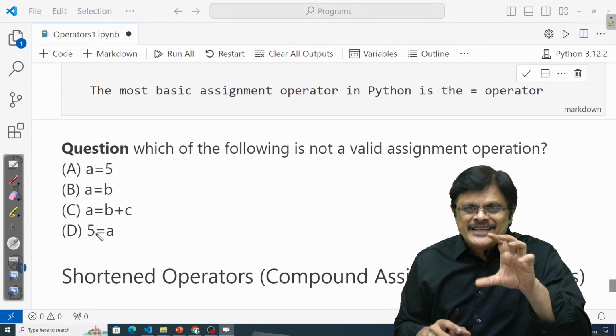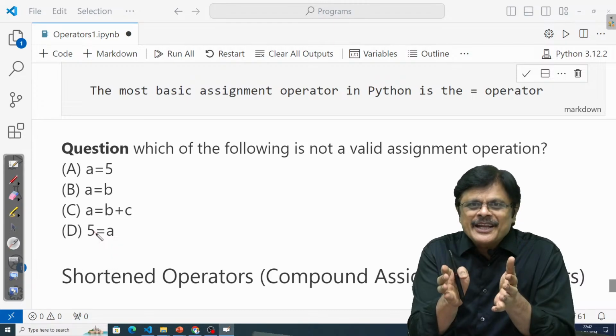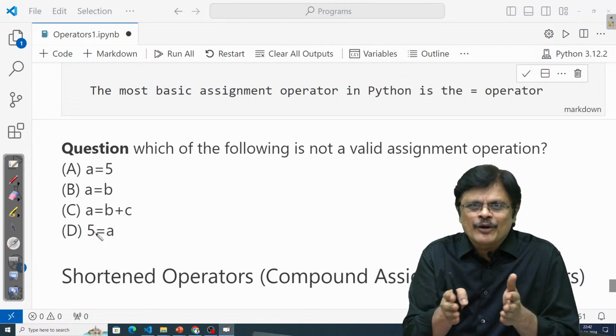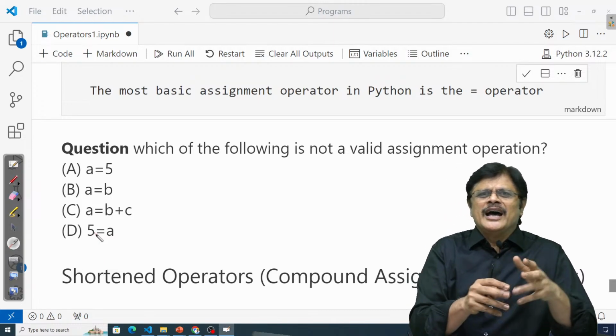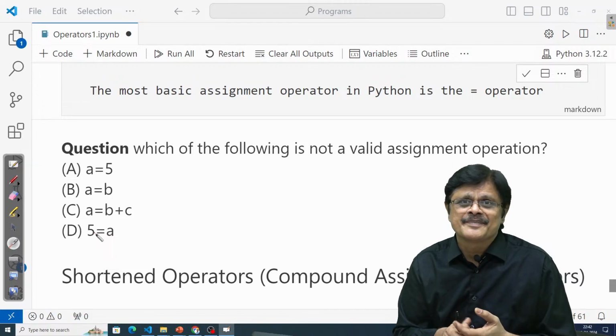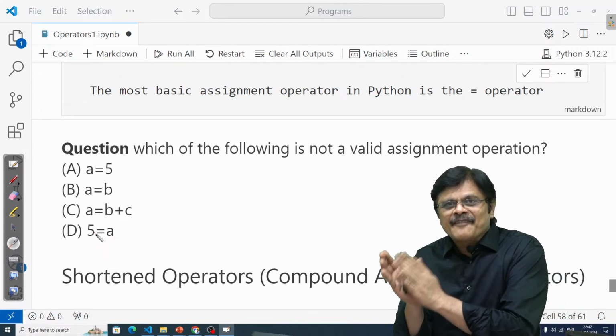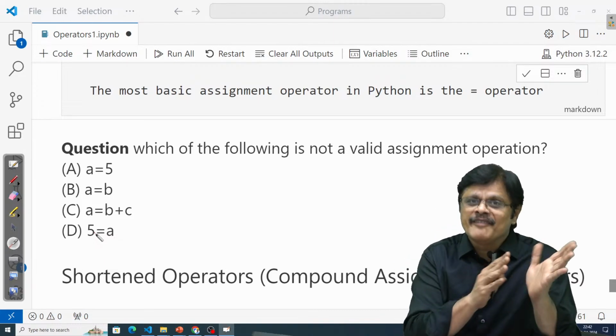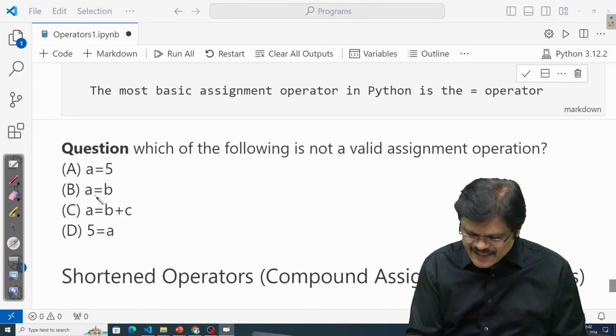Because an object is a particular memory location, an abstraction of the memory cell. So you cannot assign reference of object to an object. We can assign reference of object to a variable. So D is the correct answer here.